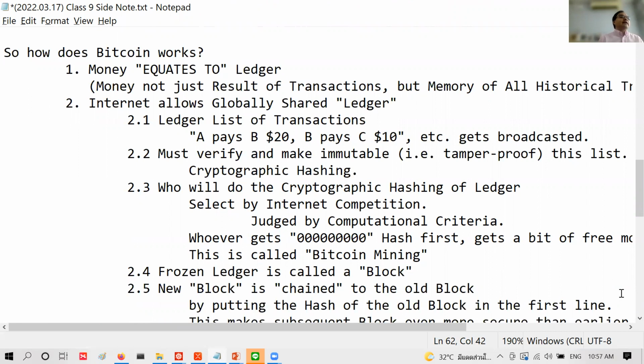It says that somebody from this bank sends some amount of money to somebody at another bank in a different country. But you don't need the SWIFT network if you have Bitcoin. This is transmitted on the internet. So there's no way you can sanction this system of payment because you basically pay over the internet. If you sanction the internet, that's something else.